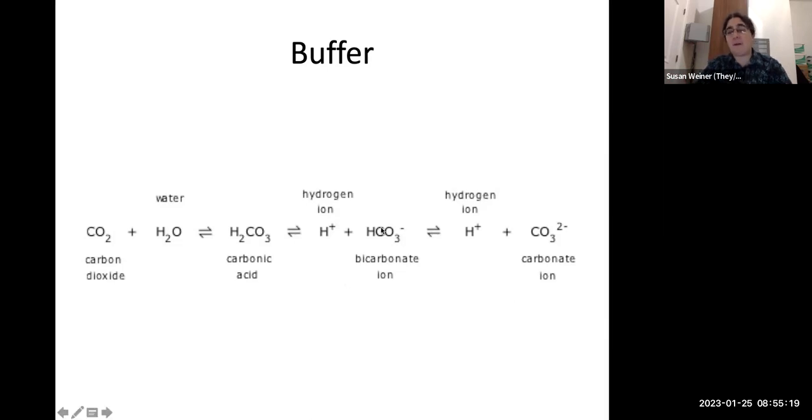Bicarbonate is our main buffering system in the body, but we have other buffering systems, including phosphate, that are constantly functioning in the body as well. The bicarbonate buffering system is really helpful because it relies on carbon dioxide and water, two things that are always available in our body.